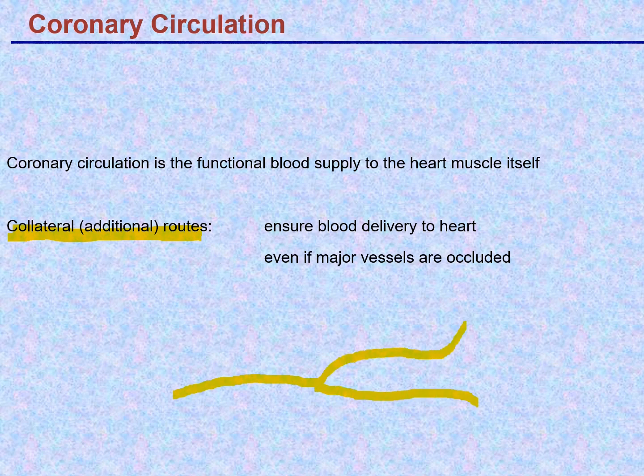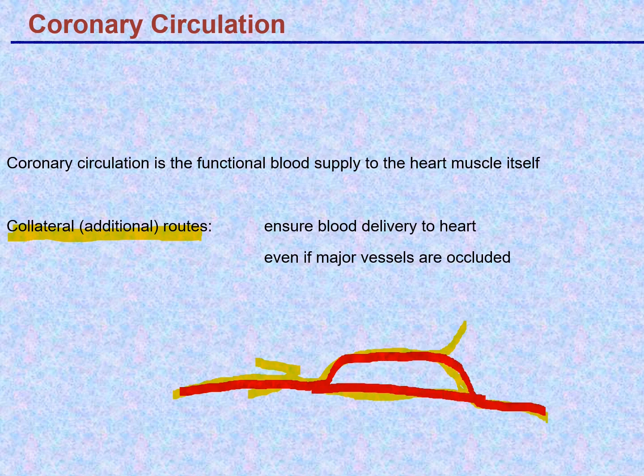They actually sometimes rejoin. So if blood flow is this way, here's an example of a route right there where the blood can flow back into this route that already has supply there.